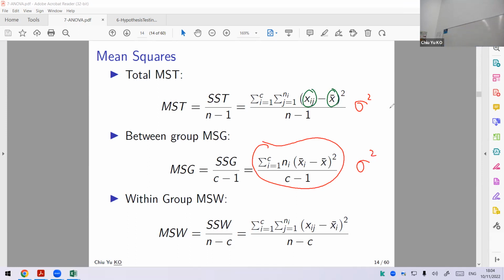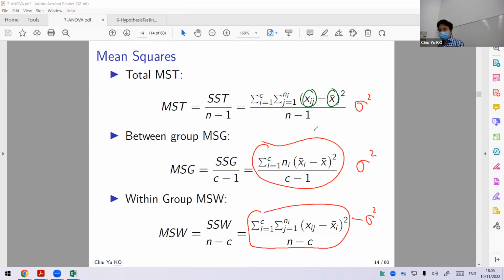And MSW is also doing sigma square. Three of them are doing a sigma square thing. So how can we use this idea? Because we can compare groups, because we can compare variances. That is the main thing we're trying to do.